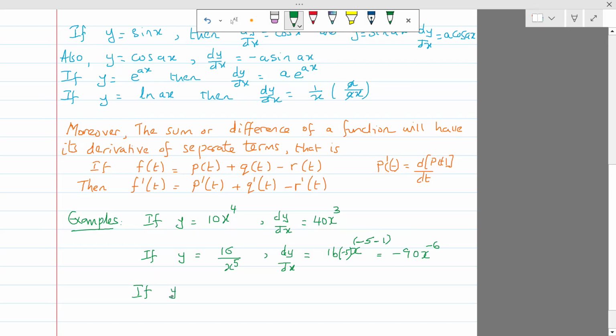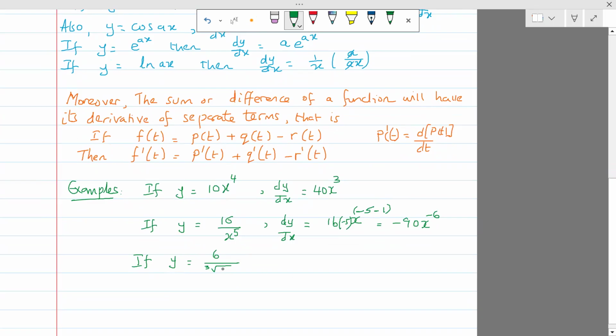And what if y equals 6 over the cube root of x power 4?